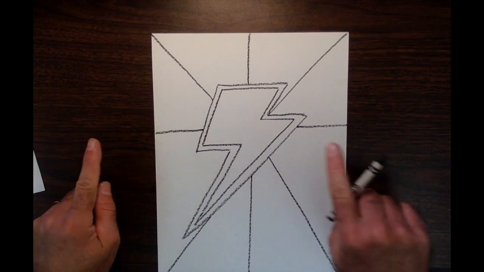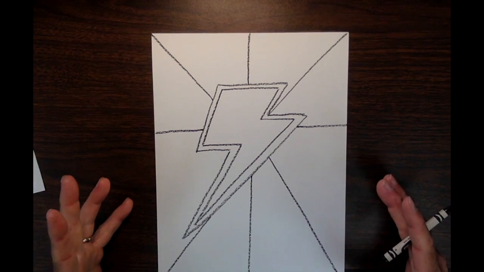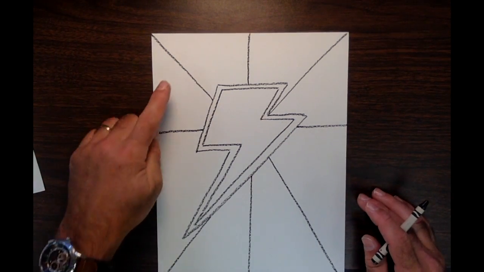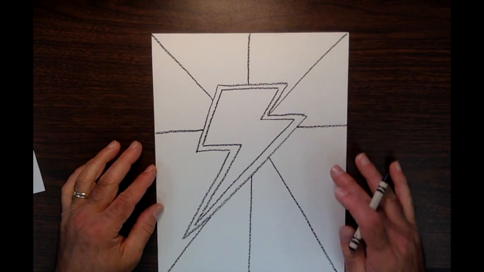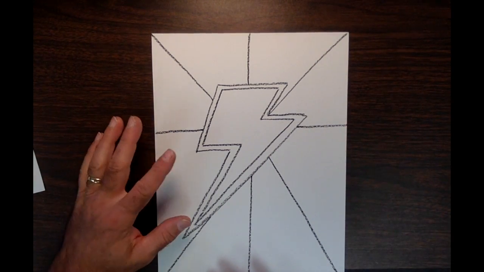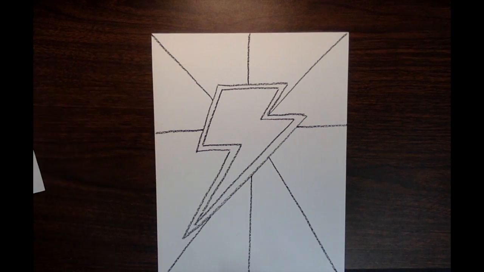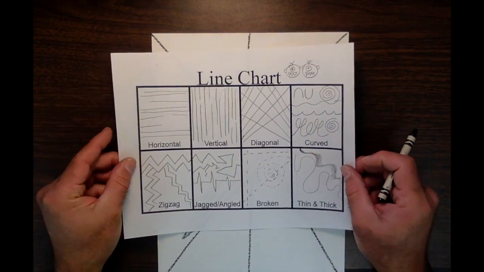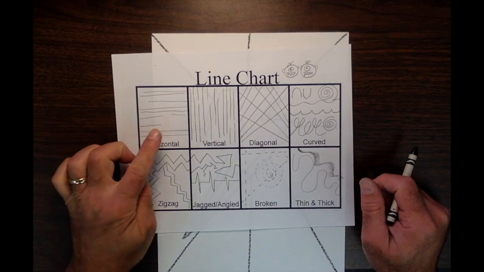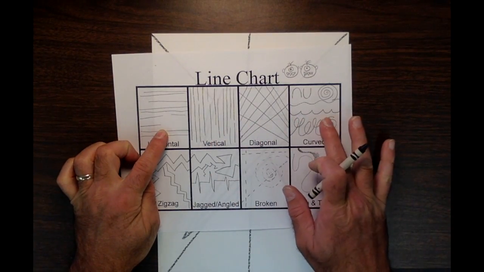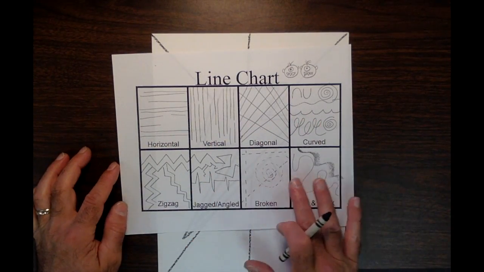Now if you count how many sections we have in the background, we have 1, 2, 3, 4, 5, 6, 7, 8. Now if you go back to your line chart, how many lines did we practice? 1, 2, 3, 4, 5, 6, 7, 8.